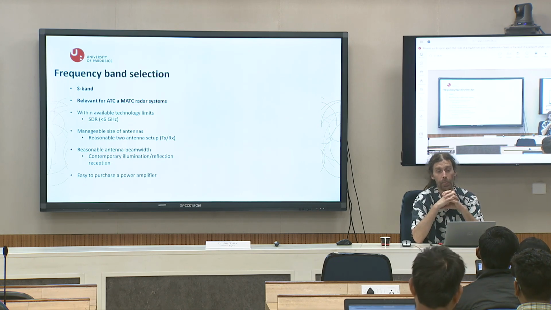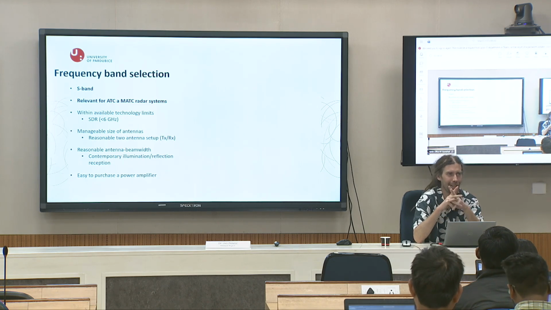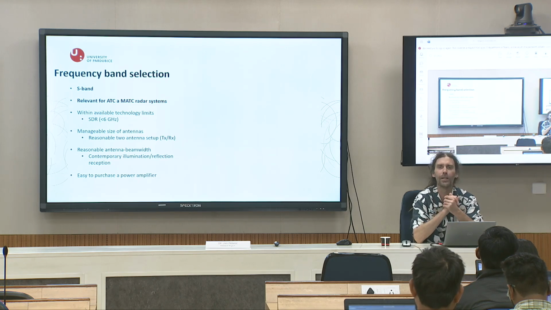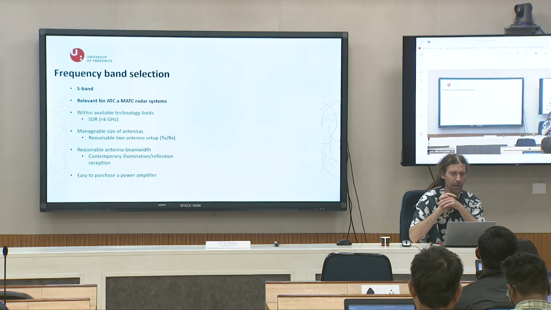Power amplifiers in S-band are relatively small and not so expensive. If you go to higher frequency and higher bandwidth, the price increases rapidly, so it is another reason, of course, why we use S-band.